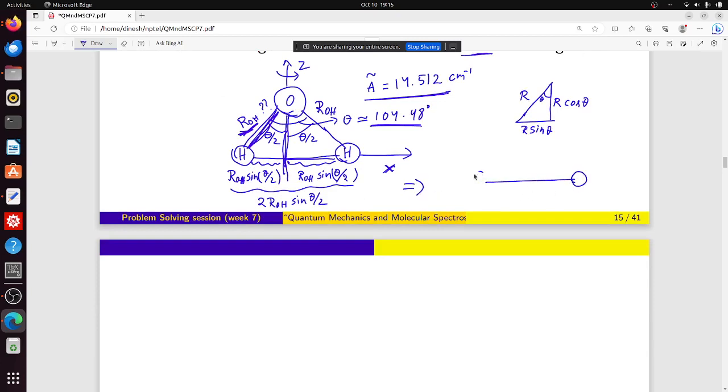It becomes some molecule with some effective mass. Let's say this was m1 effective mass, and it's now rotating around this z-axis. Now this distance is 2 ROH sin theta over 2. That means the bond length is now this much.